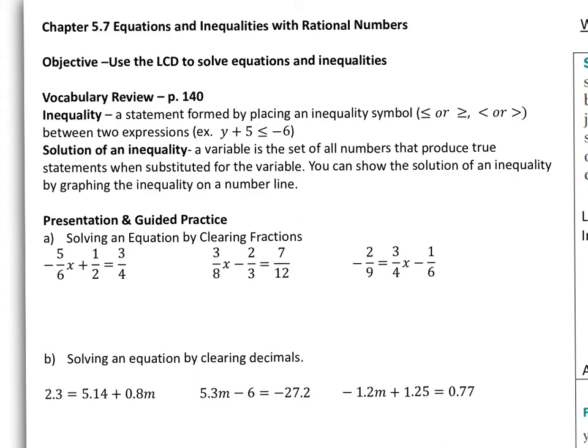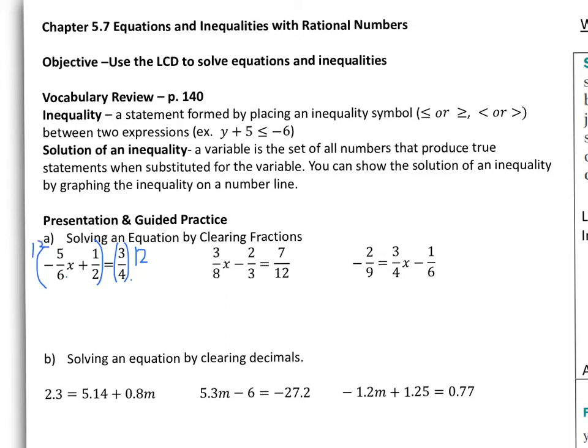In the first problem, we need to multiply both sides by the LCD of 6, 2, and 4 before we solve for x. So the LCD of 6, 2, and 4 is 12.